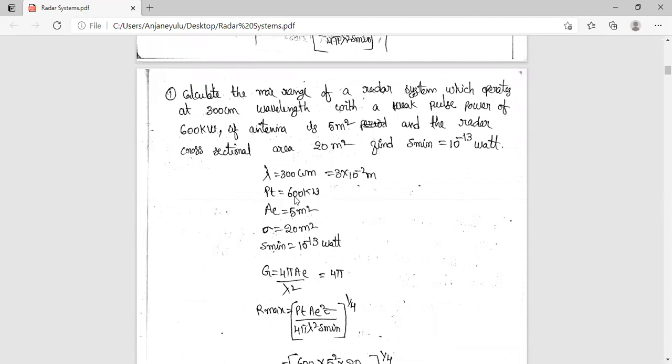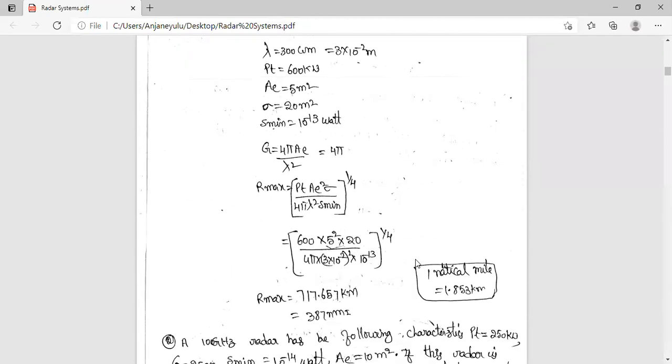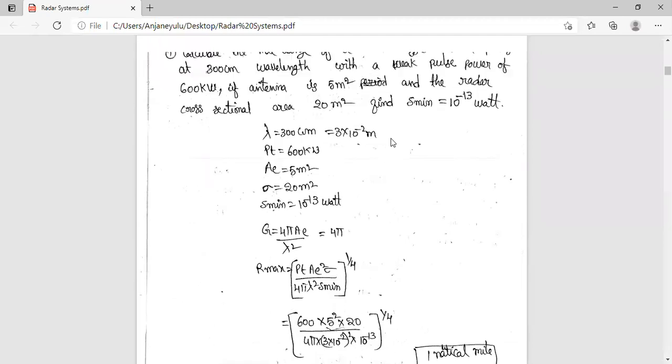Pt, the transmitted power, is 600 kilowatts, Ae, the antenna aperture area, is 5 meters square, and sigma is 20 meters square.